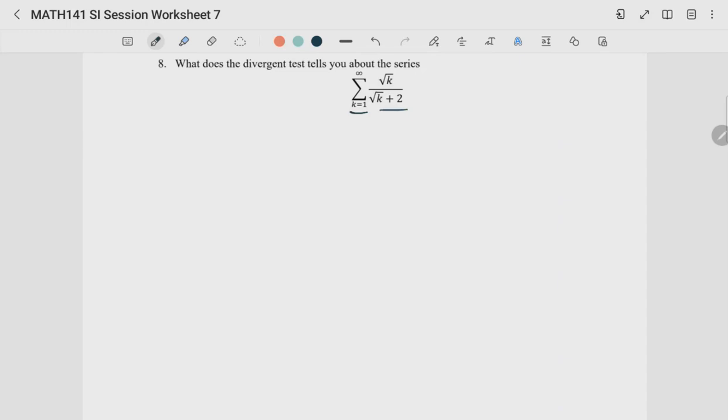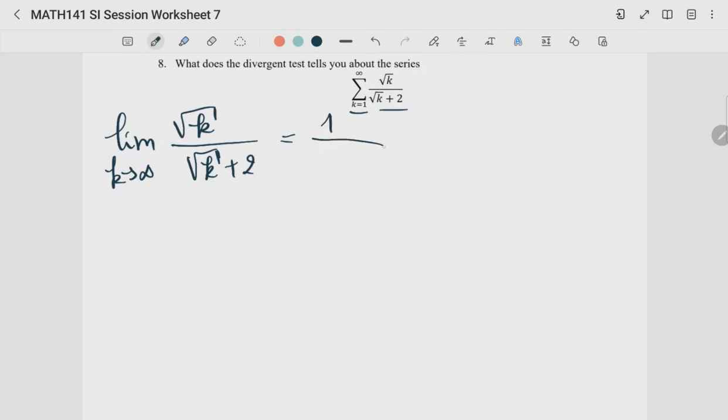So the divergence test would have us take the limit as k tends to infinity of root k divided by root k plus 2. When we divide by root k in both the numerator and denominator, you'll have 1 in the numerator, and 1 plus 2 over root k in the denominator. And as k gets closer and closer to infinity, you have 1 over 1, which is equal to 1, which is different from 0.